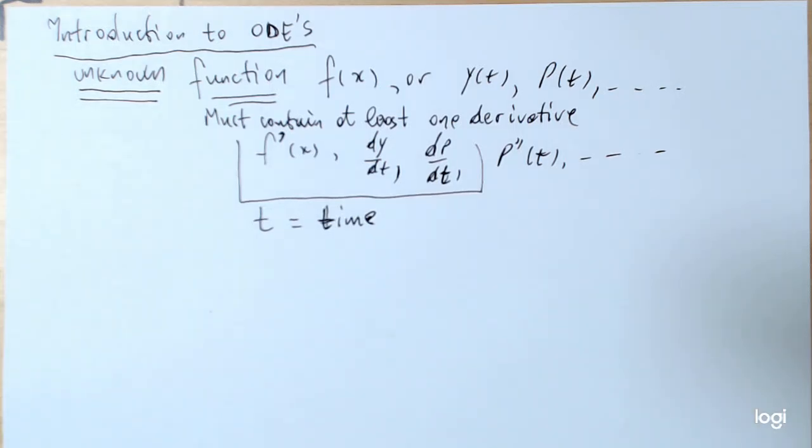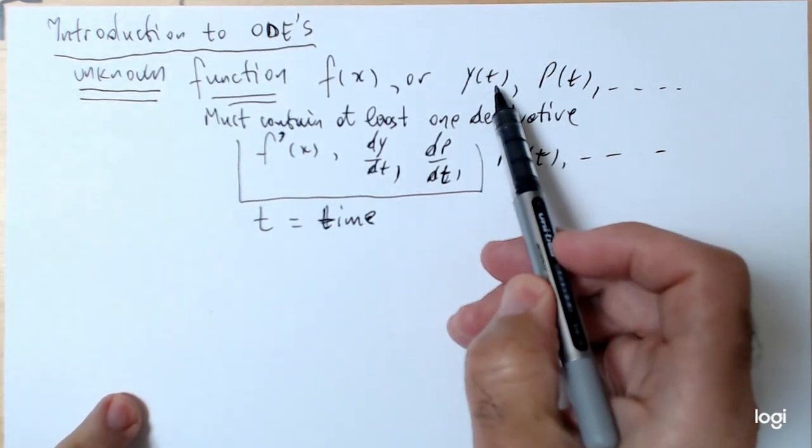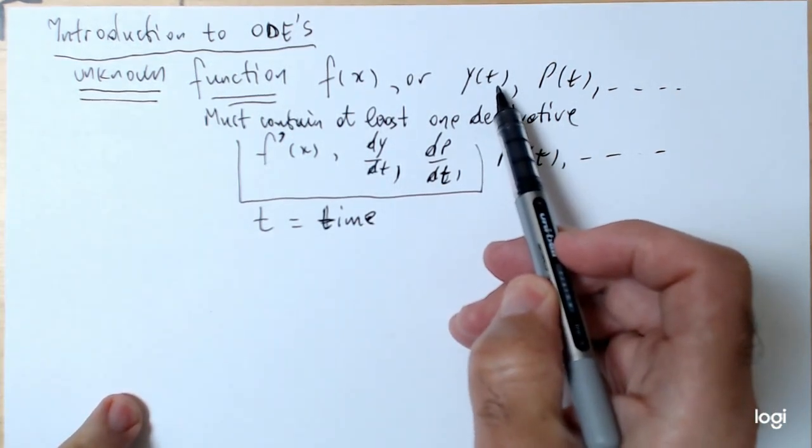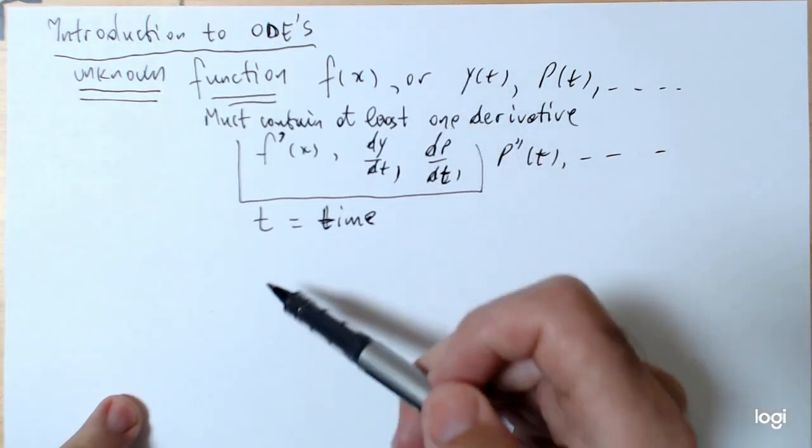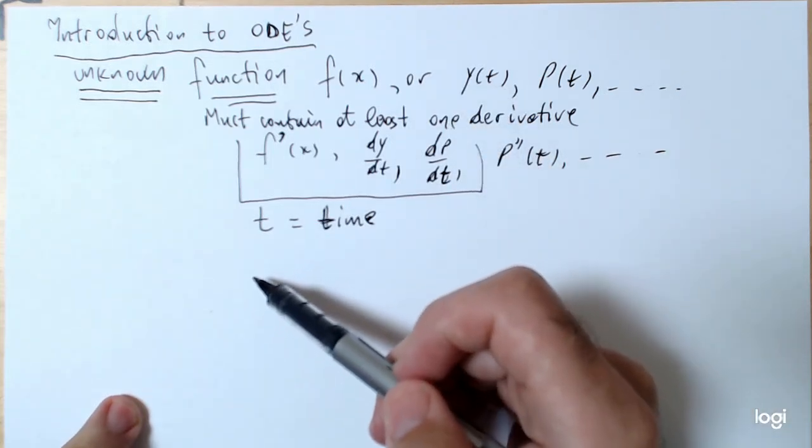And another convention to make here is to not always specify this time variable in the equation, just for the sake of convenience.